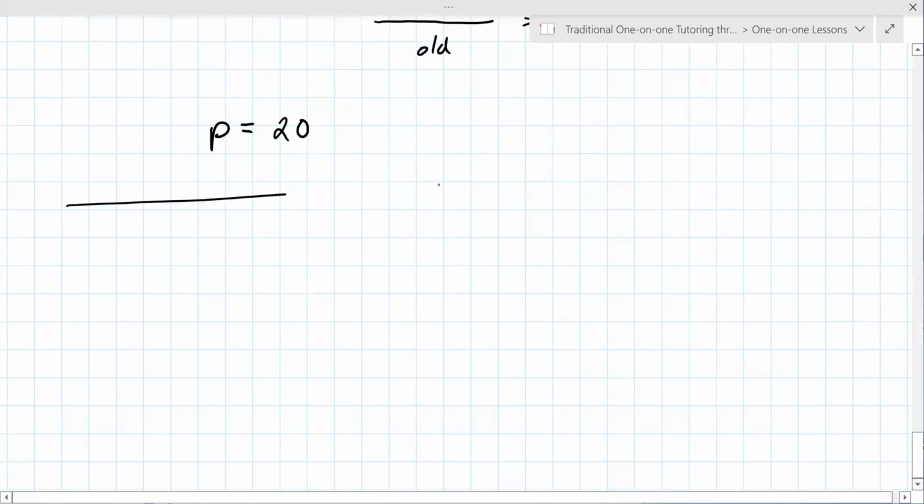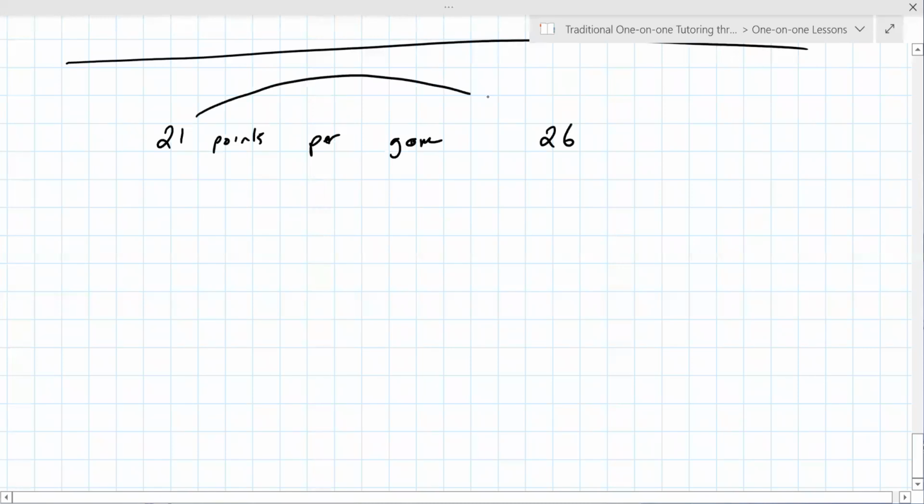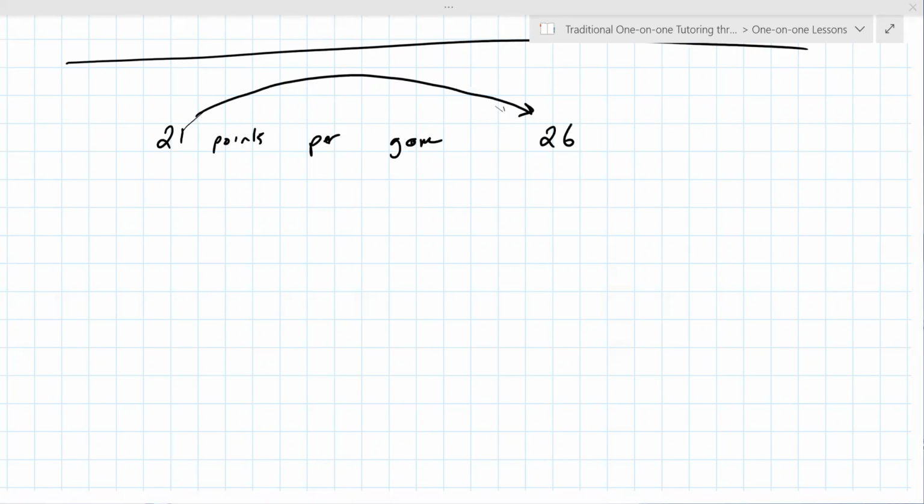Okay, so question for you. How many points per game did you score last season? Do you remember? 21. 21 points per game. What would you like to score this season? 26 or higher. Okay, so let's go 26. So I want to know the percentage increase to go from 21 to 26. You've got to figure out which is the new and which is the old, and the arrow tells you the direction you're going. 26 is the new.